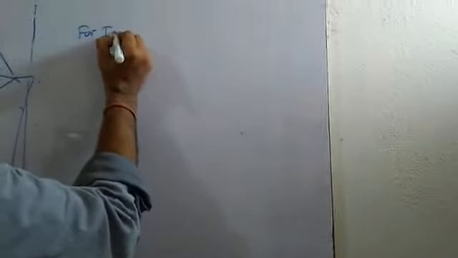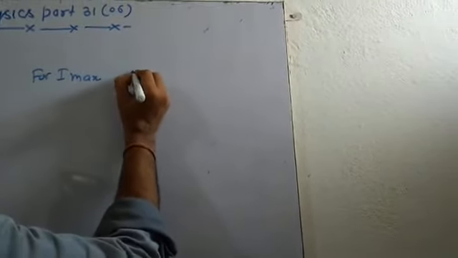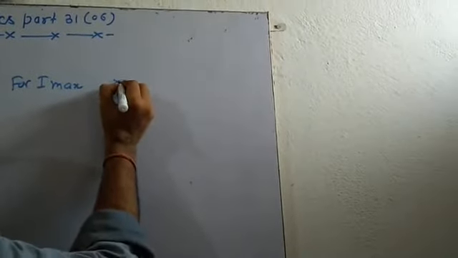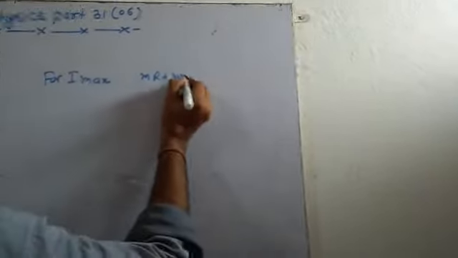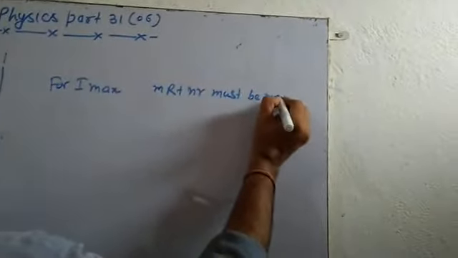Now, for I maximum, mR plus nr must be minimum.